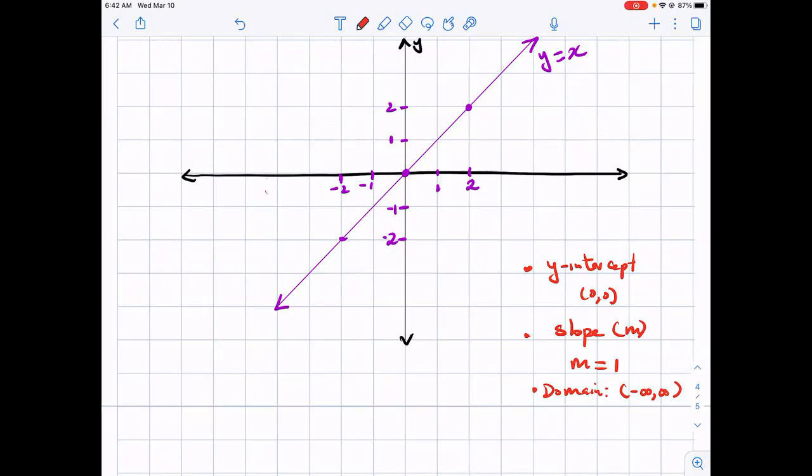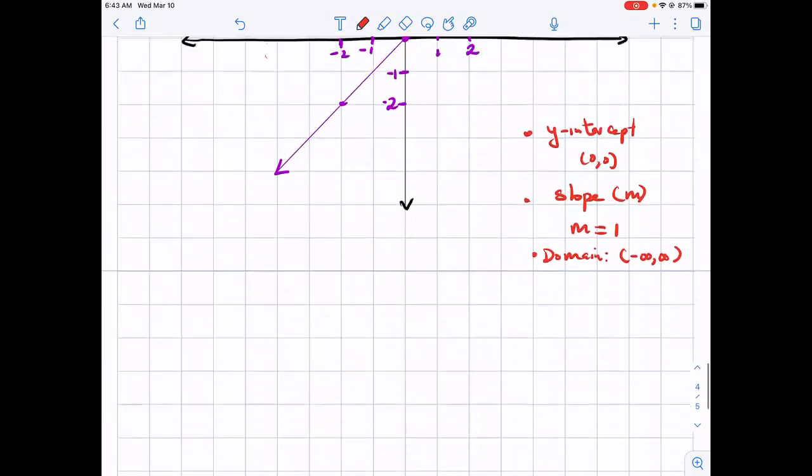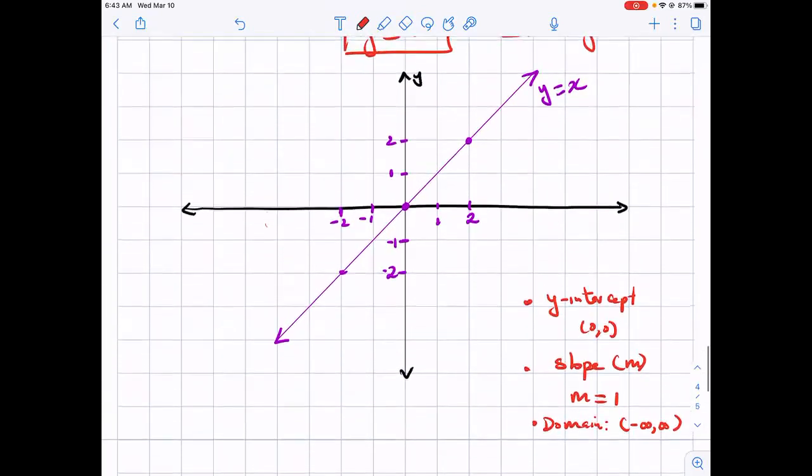So also here, let's make a note of that. The domain is minus infinity to infinity, and the range is also minus infinity to infinity.